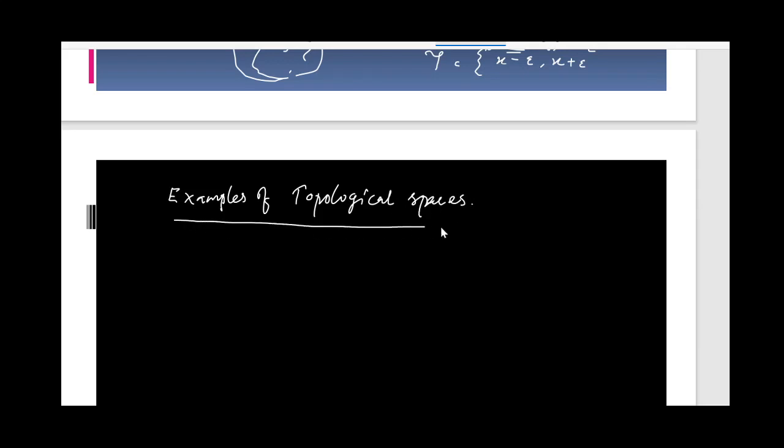Next we are passing to examples of topological spaces. First one is the indiscrete topology.